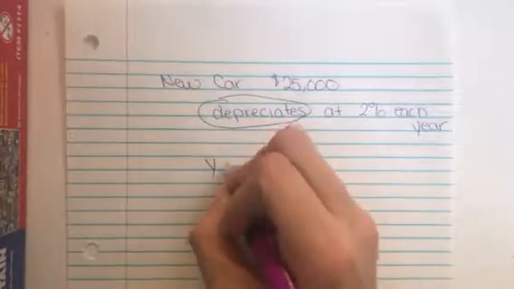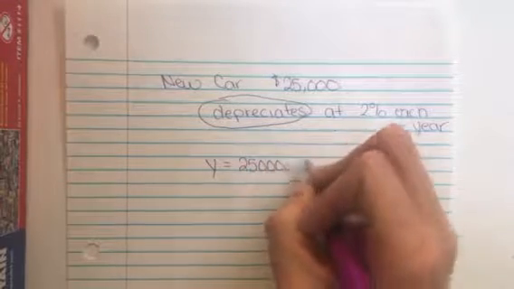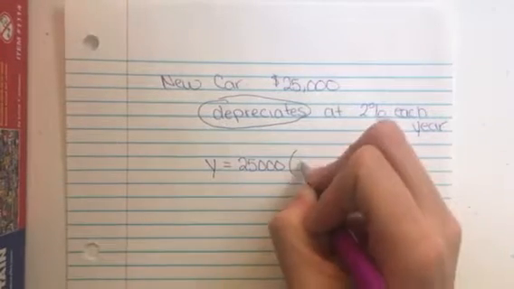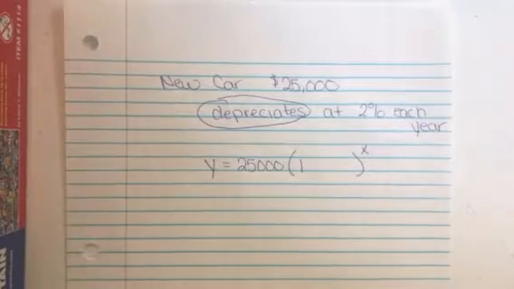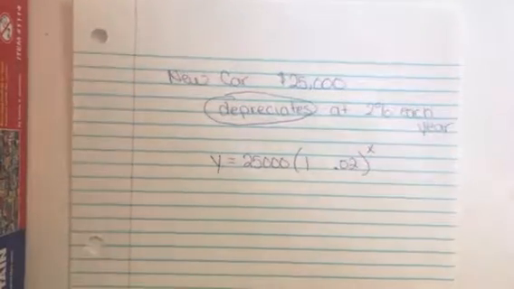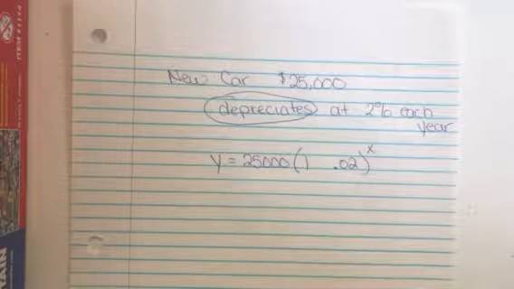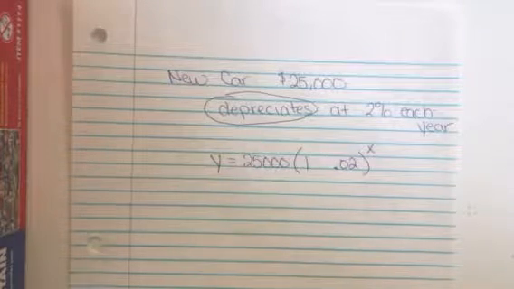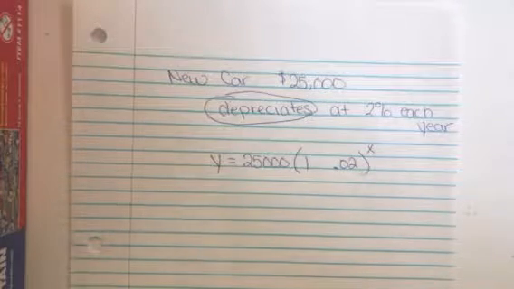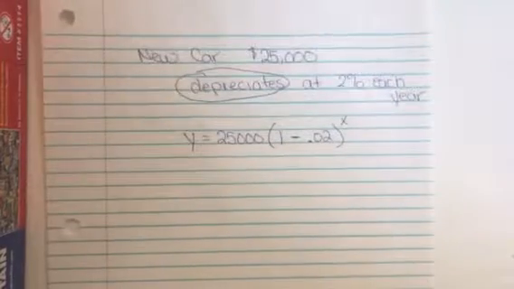So we're going to still say y equals, our initial value is 25,000. Okay, our percent is still 0.02, but now it's depreciating. Okay, depreciate means that it's decreasing in value. Likewise, appreciate means that it's going up in value. So if you read the word depreciate, you need to use a subtraction sign here.